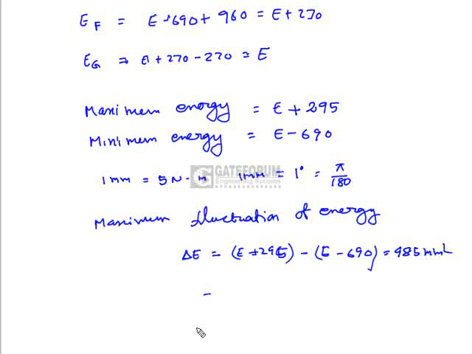And 985 into 5 into pi by 180 is equal to 86 Newton meters or joules. This is the maximum fluctuation of energy, and in the options the answer is B.